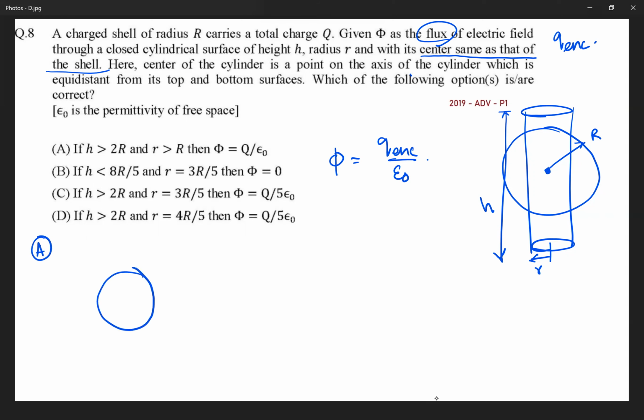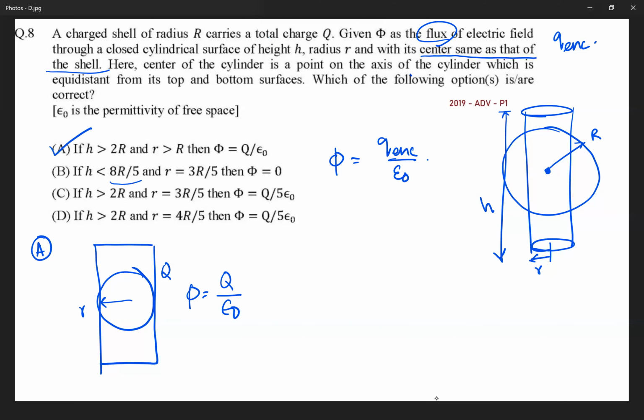If you draw a sphere and you draw a cylinder with a height greater than 2r, so the entire sphere top to bottom will be inside the cylinder, and the radius is also greater than r, so the cylinder completely encloses the sphere. The sphere has a charge of q, so the flux will be equal to enclosed charge, which is q because the entire sphere is enclosed, divided by epsilon 0. So option A is correct.